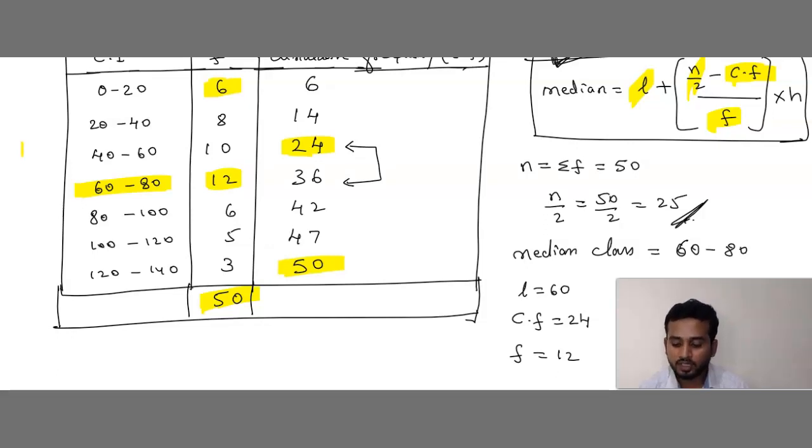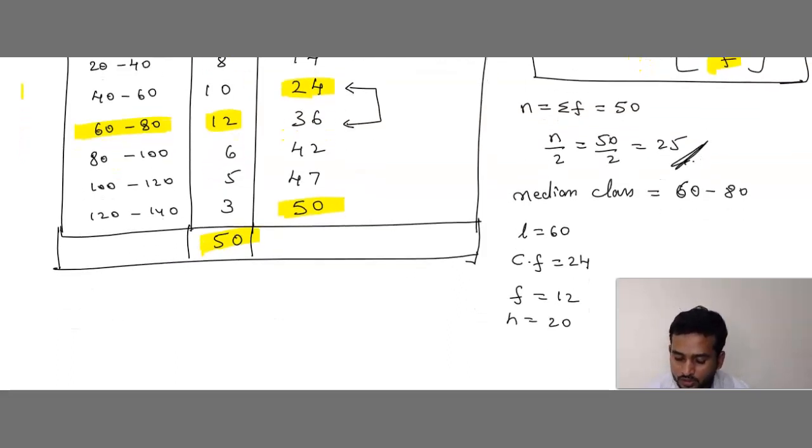Understood? From 36 we got L, and the cumulative frequency from 24. F is 12. And what is h? We know h is nothing but a subtraction: 20 minus 0 is 20, or 40 minus 20 is 20 itself. So we got all the values. Is this clear? We got L, n by 2, cumulative frequency, frequency and the size of the class interval. Now we need to substitute.